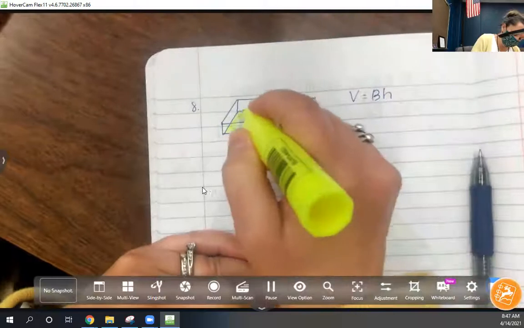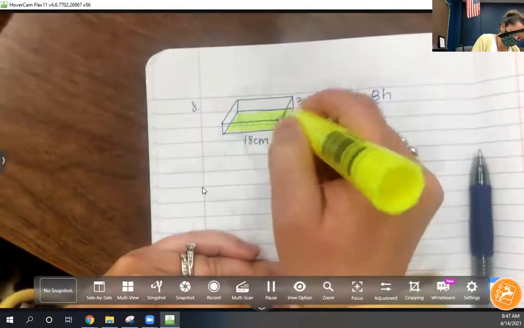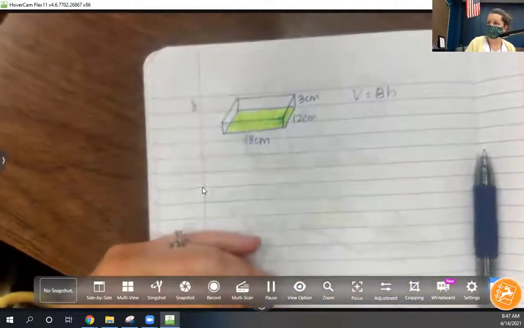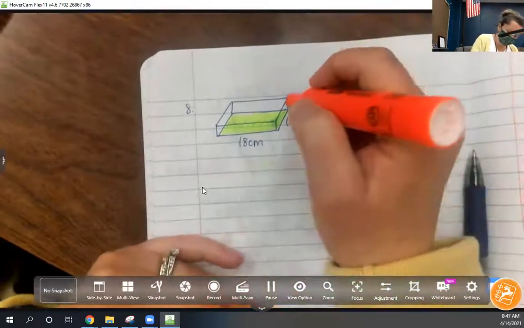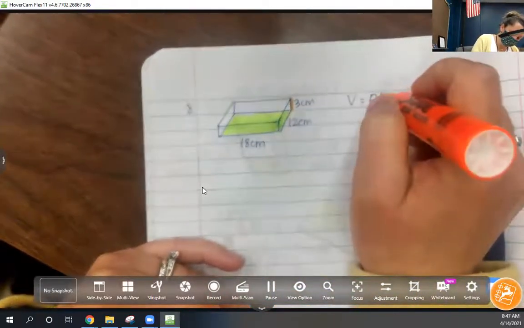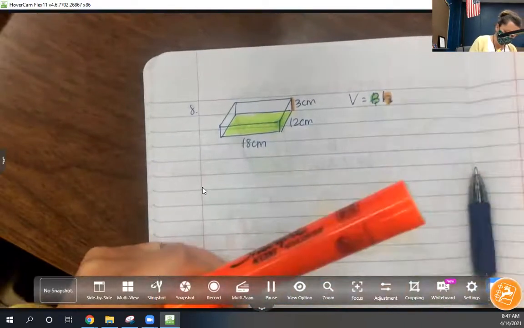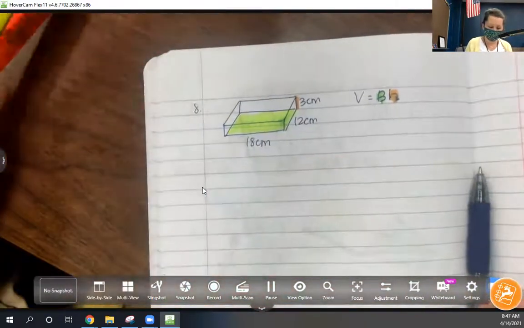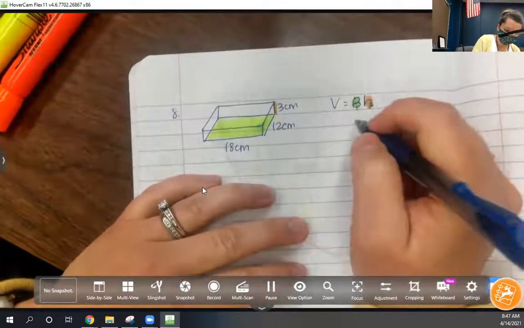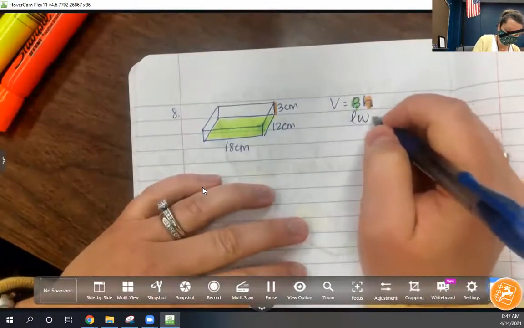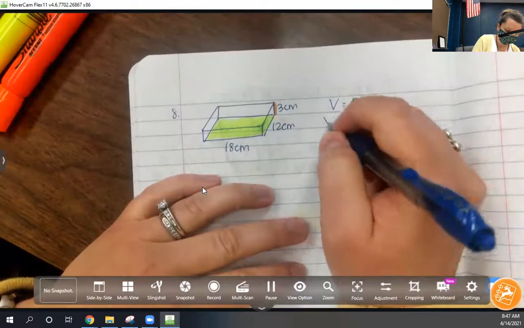My base area is this one down here, it helps to add color. And then my height is here, right? So height, base area. In this case, my base is a rectangle. So again, I have length times width, and then we'll multiply it by the height.